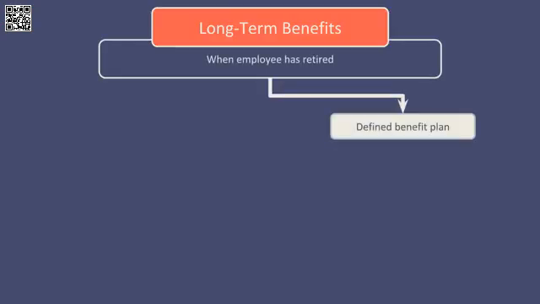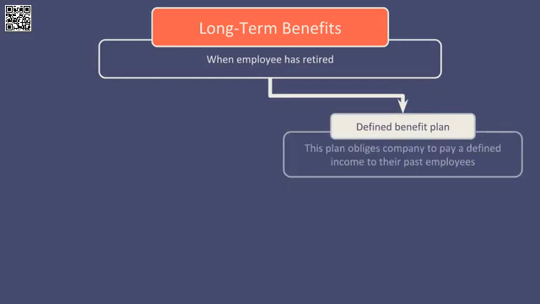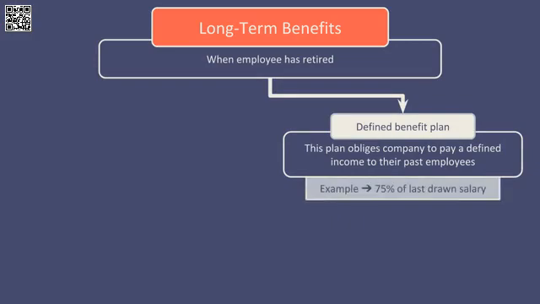A defined benefit plan. This plan obliges the company to pay a defined income to their past employees. For example, it could be 75% of their final salary, etc. Defined benefit plans are very attractive for employees as their benefits are specifically defined, unlike the defined contribution, which is dependent on the pension fund's performance.